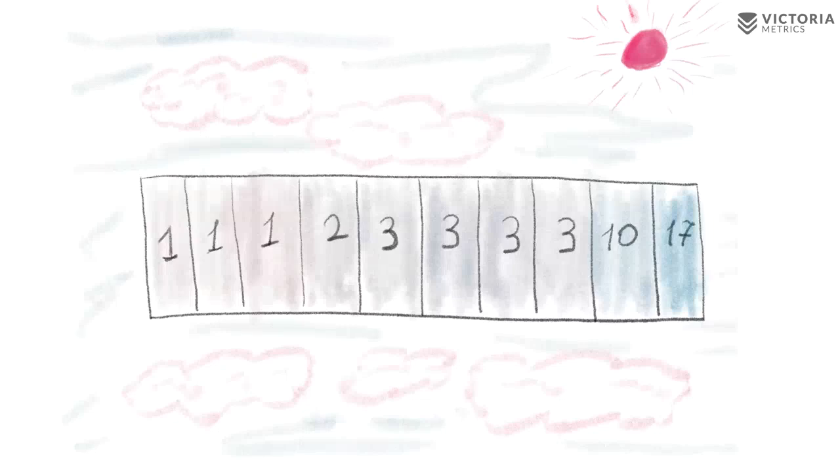That means you have 3 birds which deliver a letter in 1 day, 1 bird which delivers a letter in 2 days, 4 birds which deliver a letter in 3 days, and 2 birds which deliver a letter in 10 days and in 17 days. In total you have 10 birds.